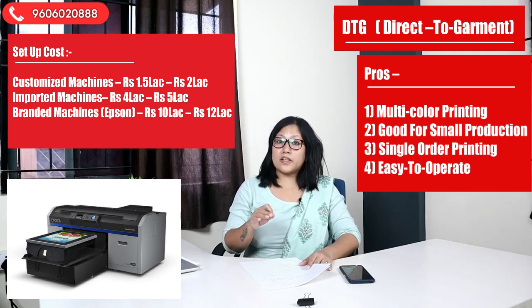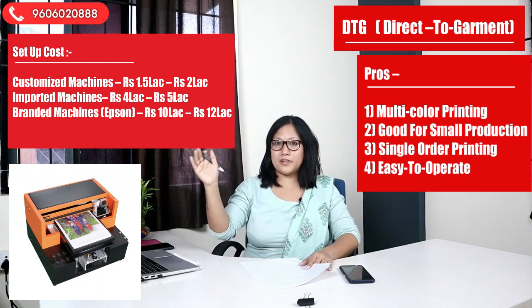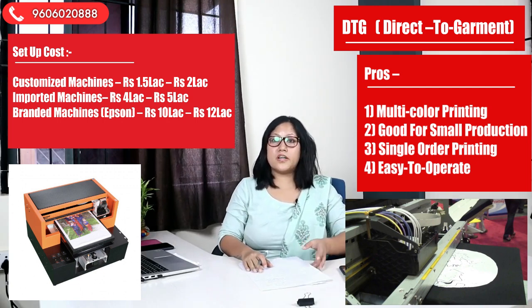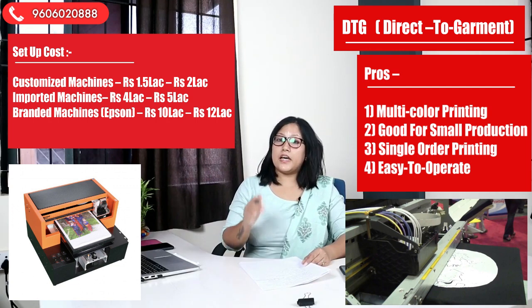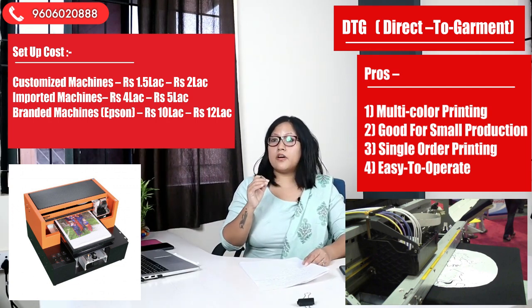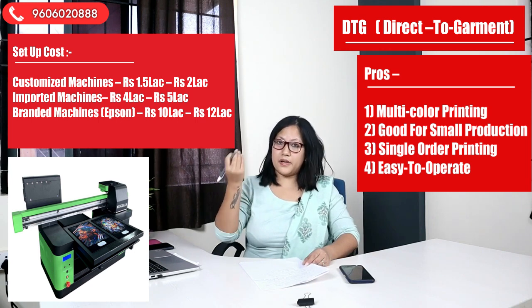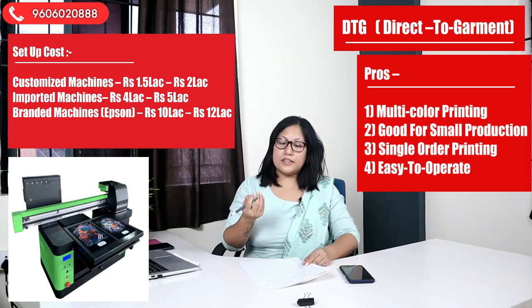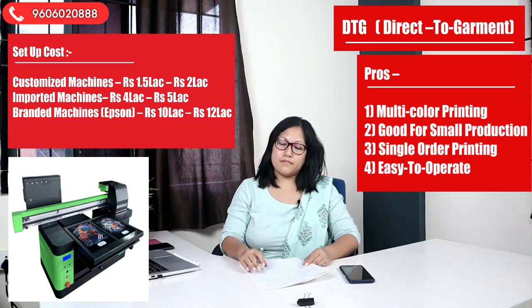If you go for a customized DTZ made from a paper printing machine converted for customization, it will cost approximately 1,50,000 to 3 lakhs. And if you go for a China-made brand, the cost will be at least 6 lakhs minimum.